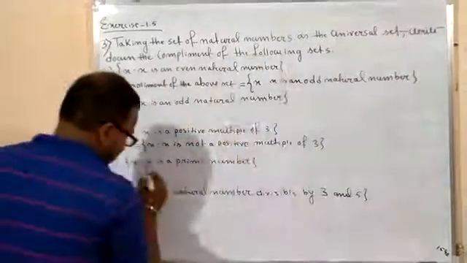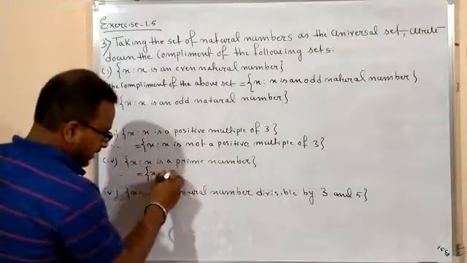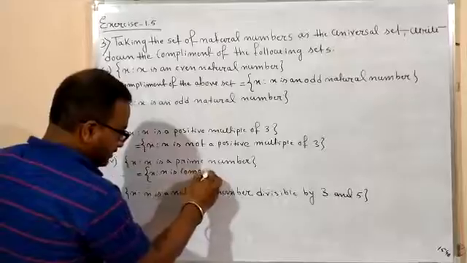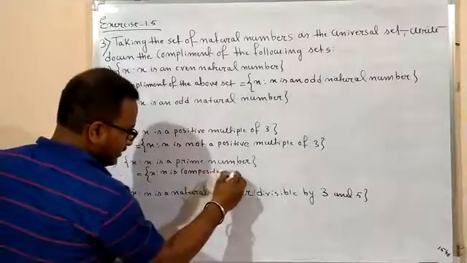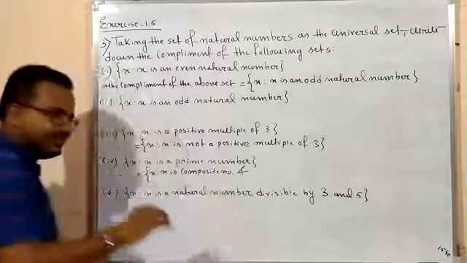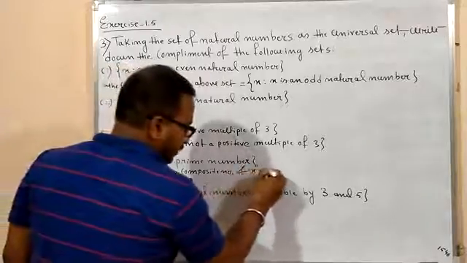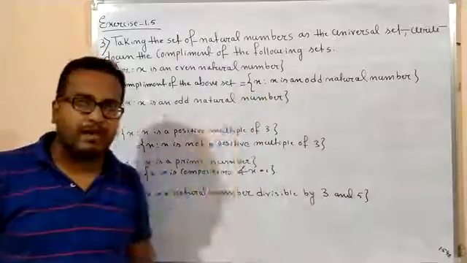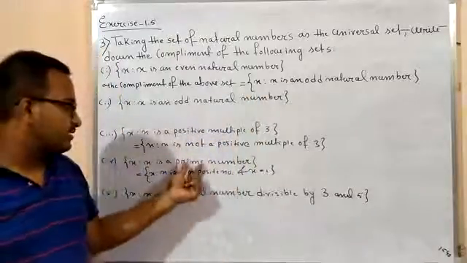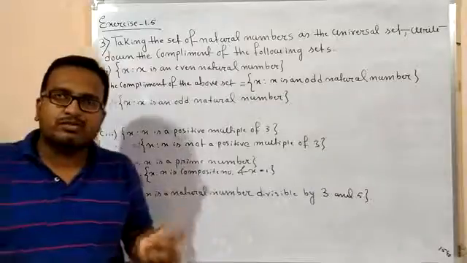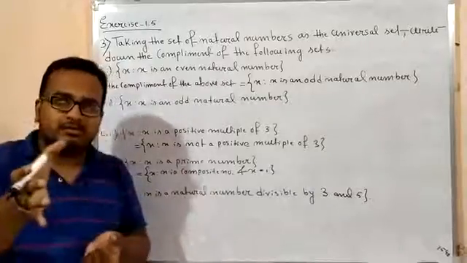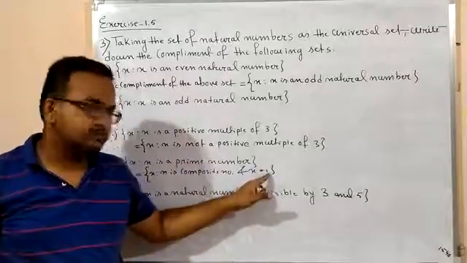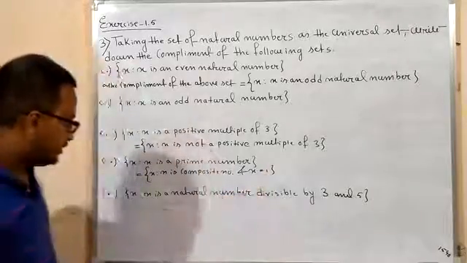So it will be X such that X is a composite number, and you have to consider another thing, that X equals 1 also, because we know the number 1 is neither composite nor prime, isn't it? So it's a collection of all prime numbers, so you have to consider the complement of the set. So the complement will be all composite numbers as well as 1 also. Okay, so you have to write it also.